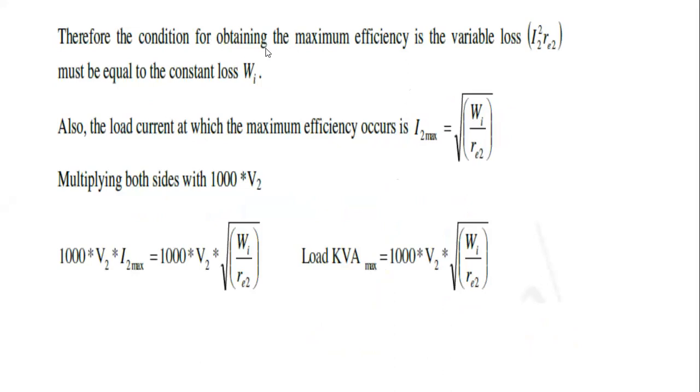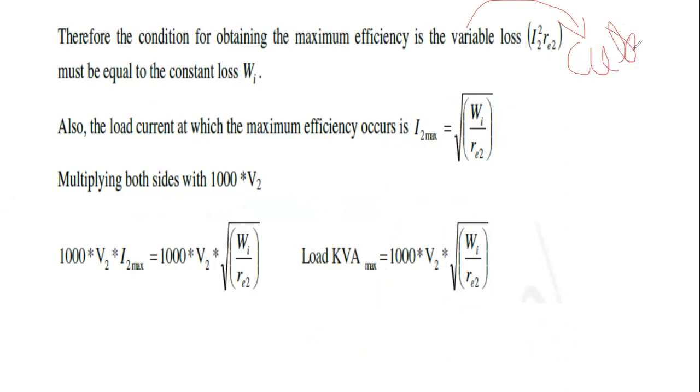Next, the condition for obtaining the maximum efficiency is that the variable losses must be equal to the constant losses. What are the variable losses? That is the I2 square R2 losses, also called the copper losses.